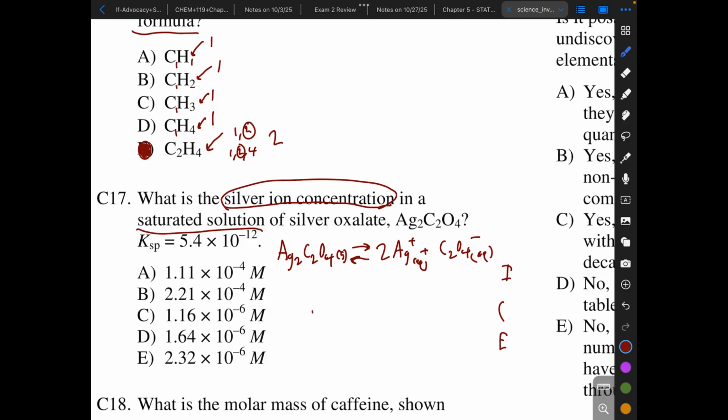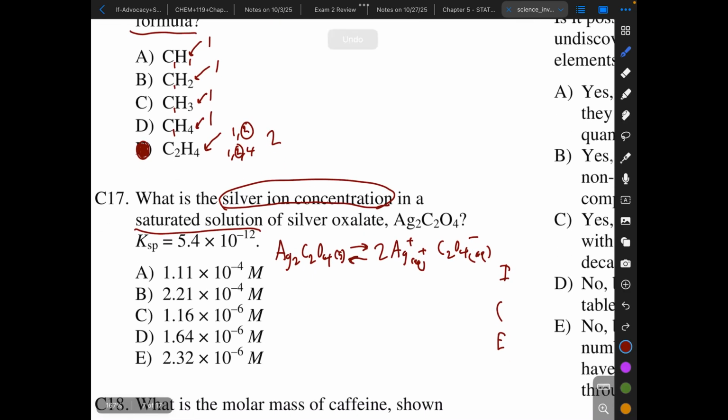We don't need this at all because solids are not found in an equilibrium expression. So this could just be X. We don't even care about it, but let's call it X. And let's say you only added the salt initially, so there are no ions in the solution.